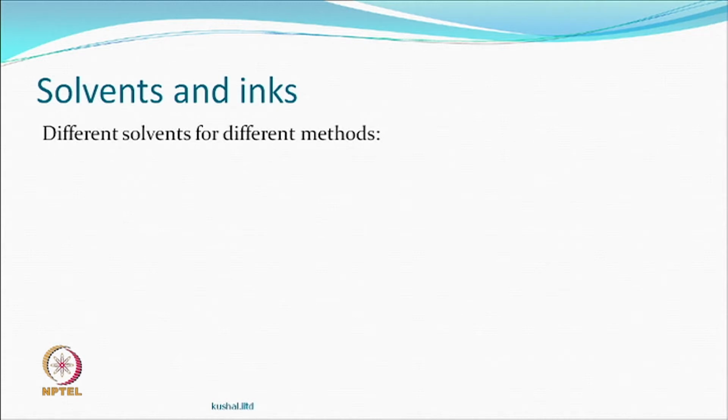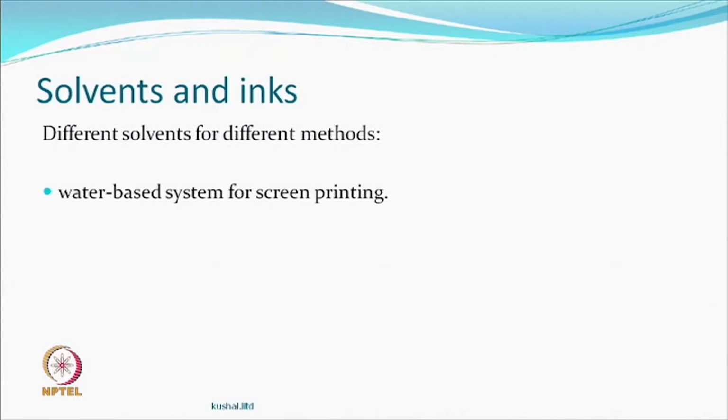So, for methods which require quick drying and those which do not require quick drying and have enough time, you would be using different methods and solvents. For example, in screen printing, normally people may use water based inks.